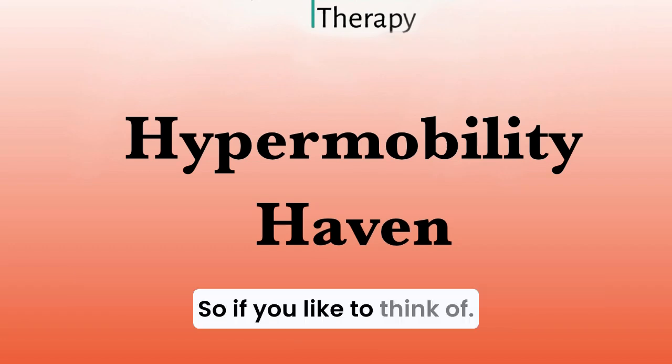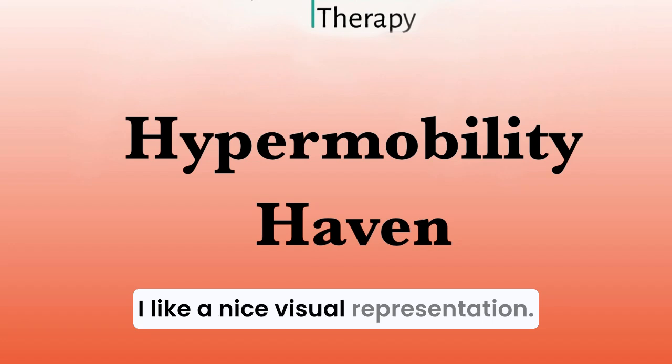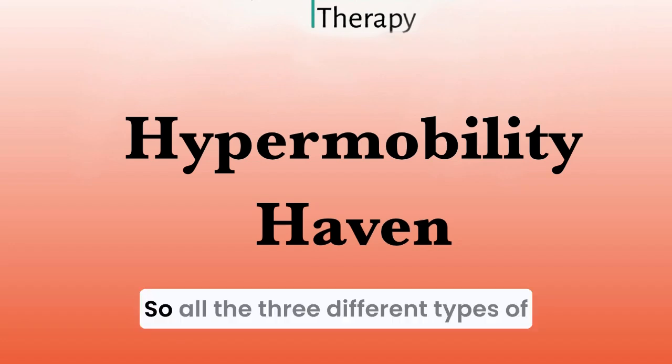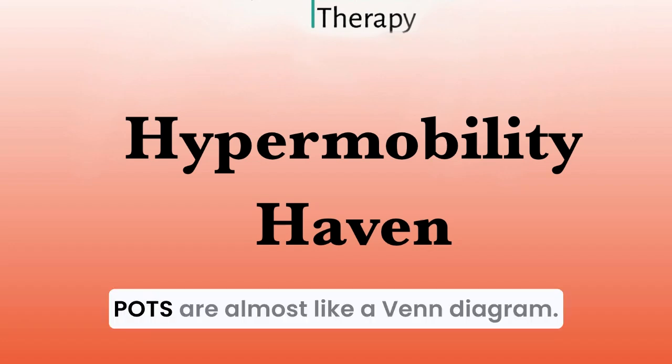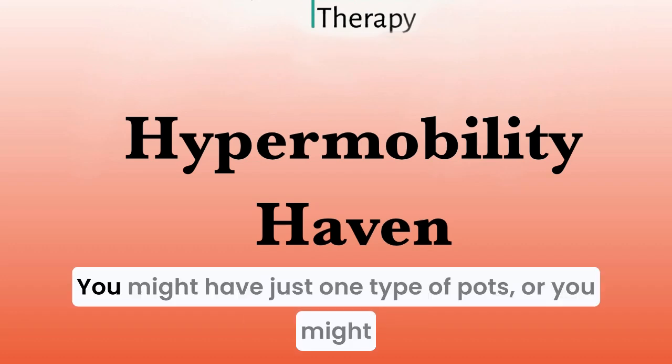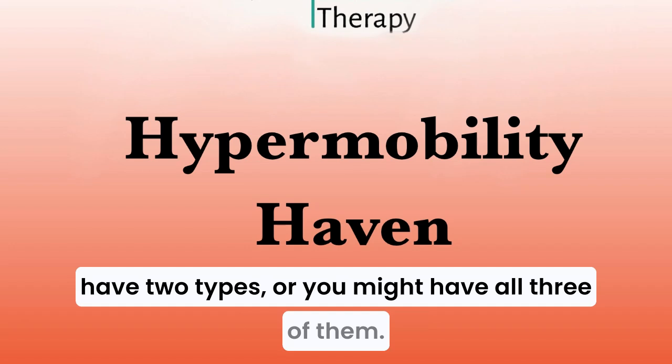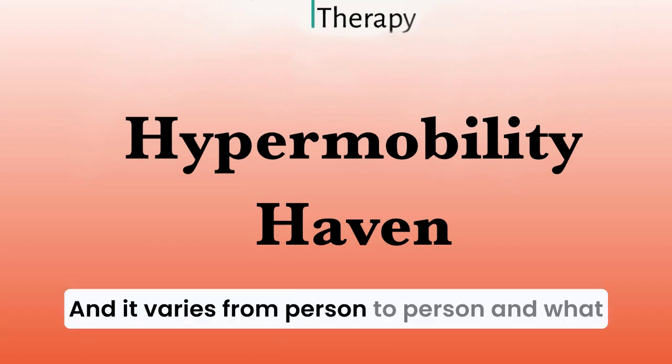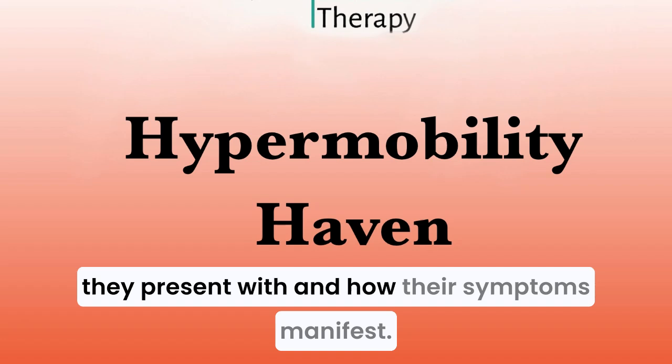So if you like to think of, I like a nice visual representation, all the three different types of POTS are almost like a Venn diagram. So they can overlap. You might have just one type of POTS, or you might have two types, or you might have all three of them. And it varies from person to person and what they present with and how their symptoms manifest.